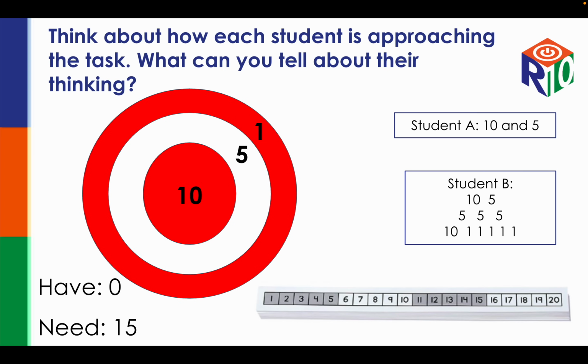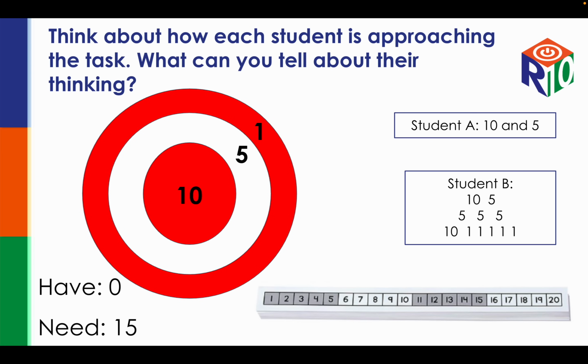But are they thinking in a deeper sense about it? Well, is it possible to get to that 10 and that 5? Because it's within the contextual situation of playing darts, student A would be more likely to come up with a variety of different ways to get to 15 because they know it's not realistic to get there.